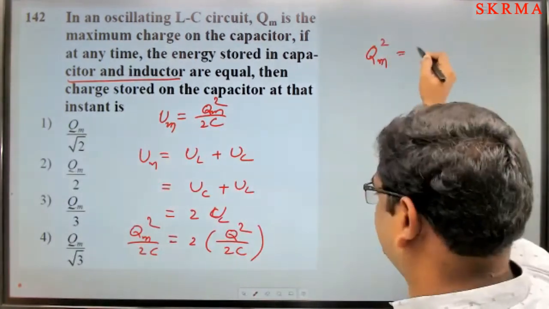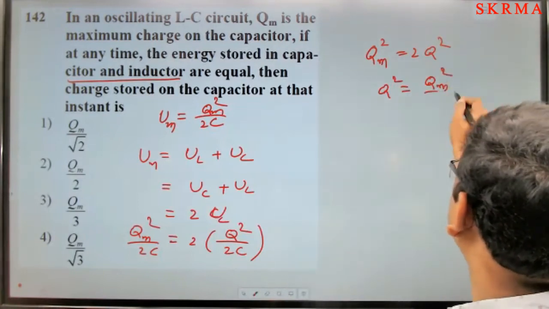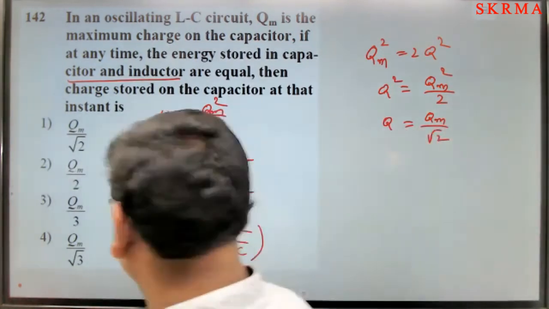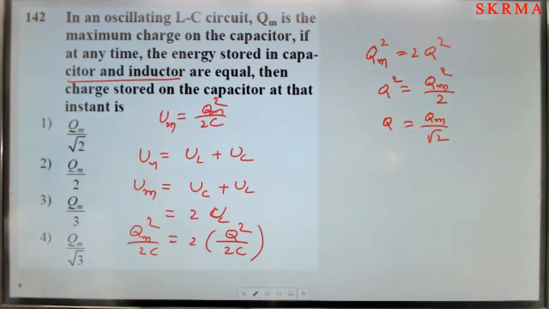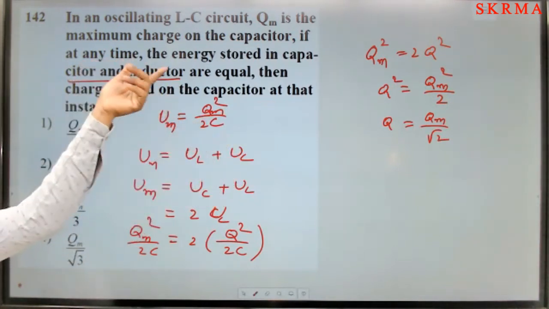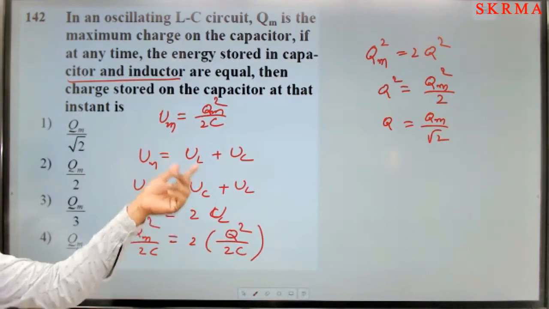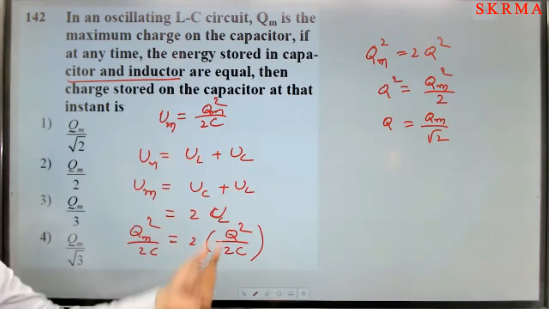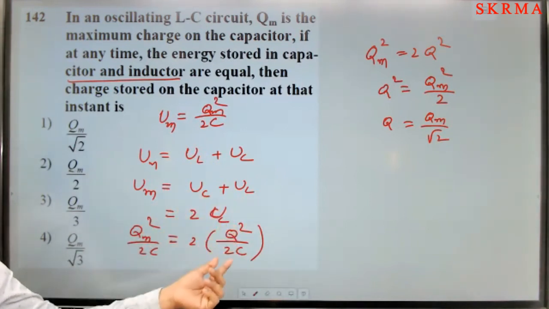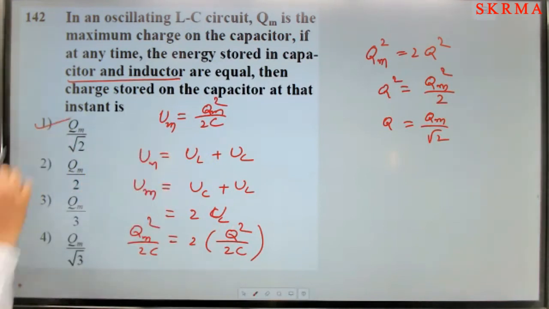Qm square equal to 2 into Q square. Then Q square equal to Qm square by 2, or Q equal to Qm by root 2. Here the maximum energy is the energy stored in the inductor plus the energy stored in the capacitor. Since UC and UL are the same, we replace UL with UC. Cancel similar terms, and you get the answer Qm by root 2.